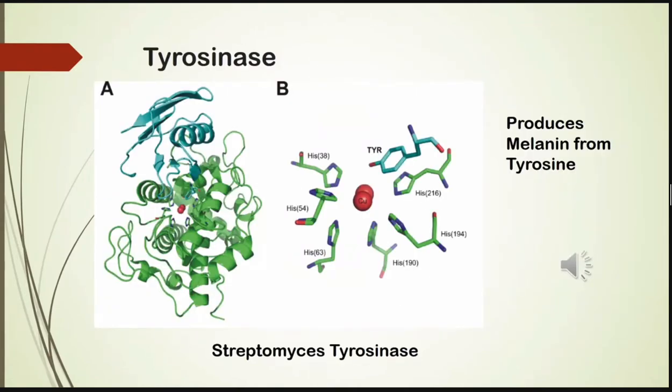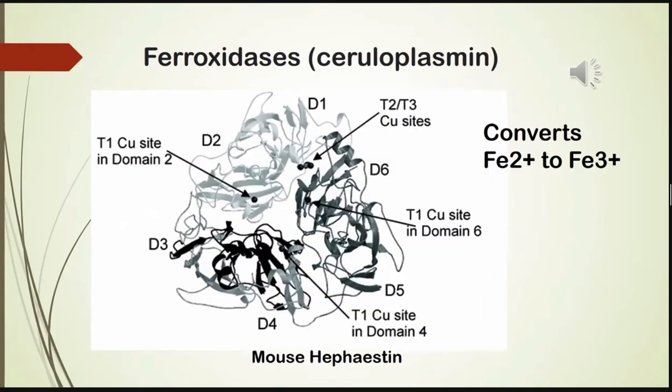Tyrosinase is another enzyme that contains two molecules of copper. Tyrosinase helps in the production of melanin from tyrosine. Peroxidases are a group of enzymes that convert your ferrous to its ferric form.